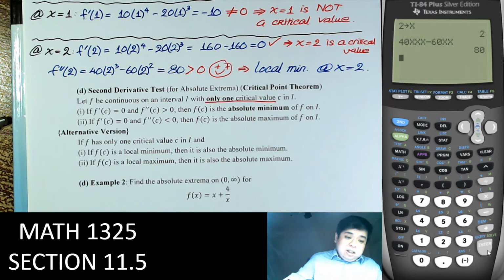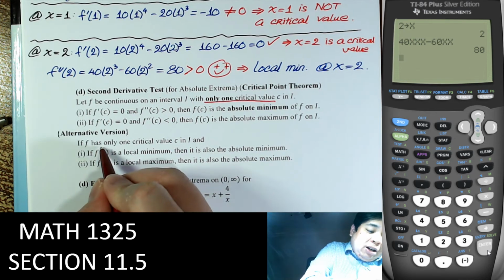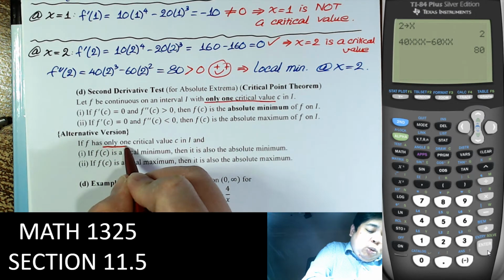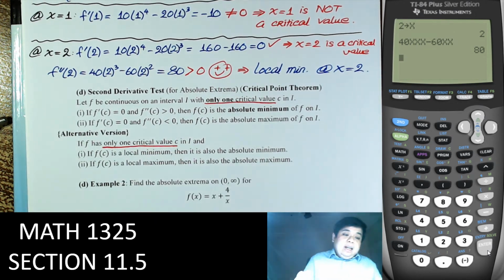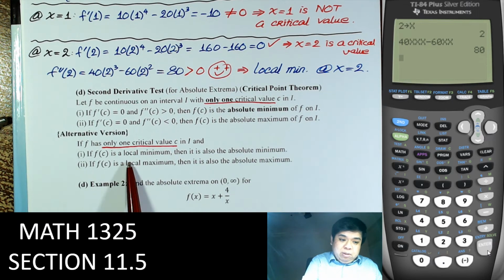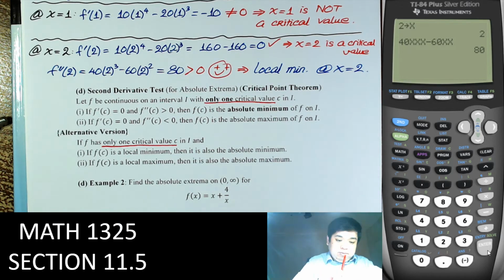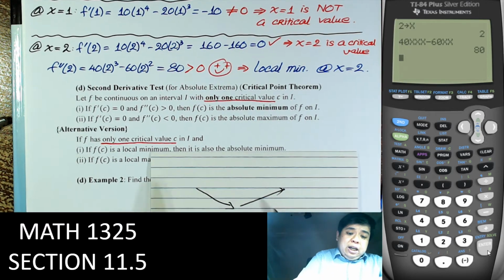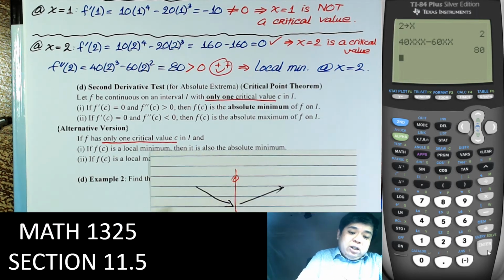But the most important thing, if we write that differently, we can say, when I have only one critical value, then the local minimum is also an absolute minimum, and the local maximum is also an absolute maximum. Now think about this. If we only have one critical value and it goes down and up, that's guaranteed to be the minimum.